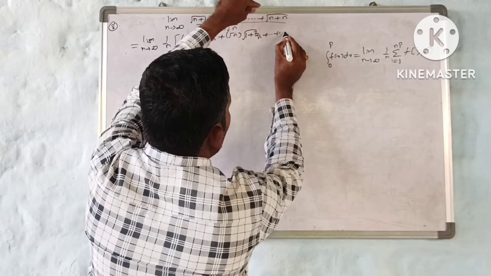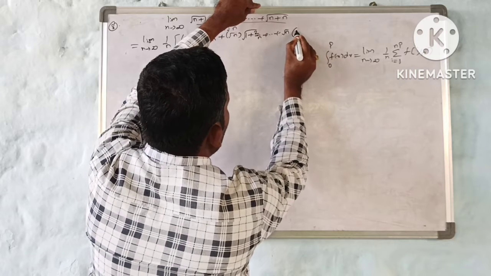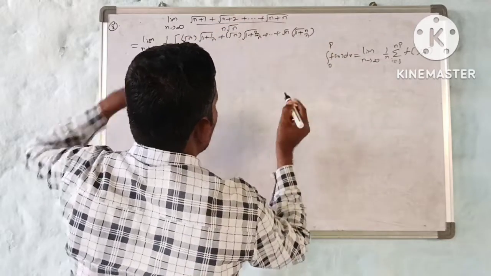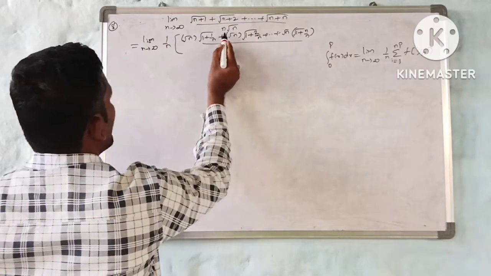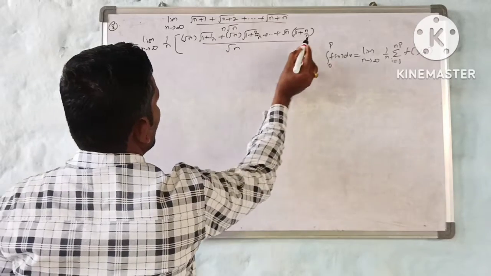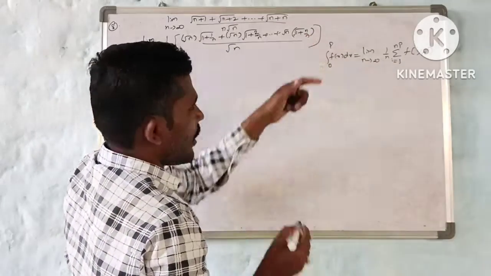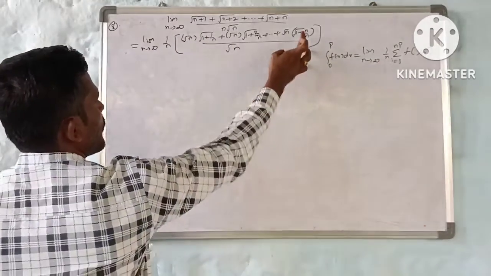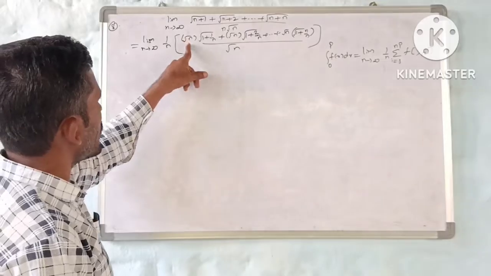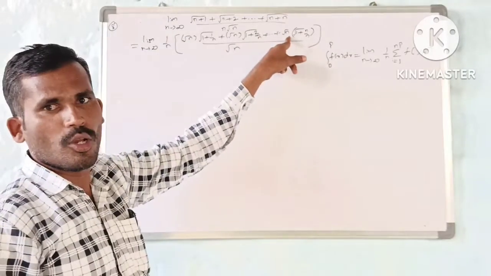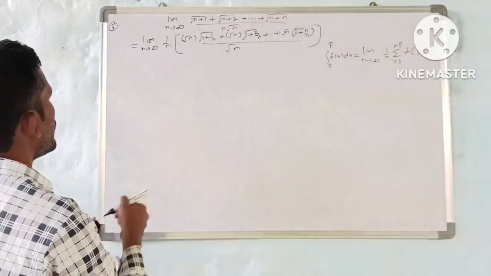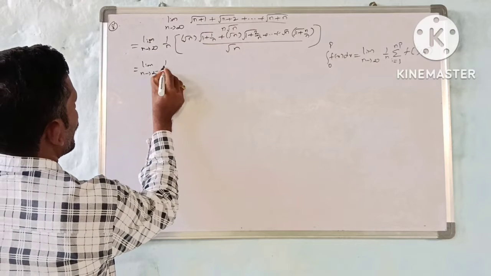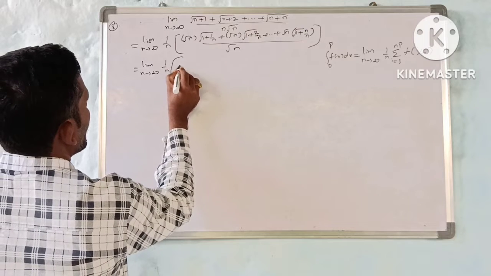Here also taking root n common, we get root of 1 plus n by n, whole by root n, since we already took 1 by n common. Here I am not taking n by n as 1, because we want the summation form, so that's why I am taking it like this. In the first term, second term, and the nth term we have root n, so that's why taking it outside here, the common limit n tends to infinity 1 by n of, root n total common.